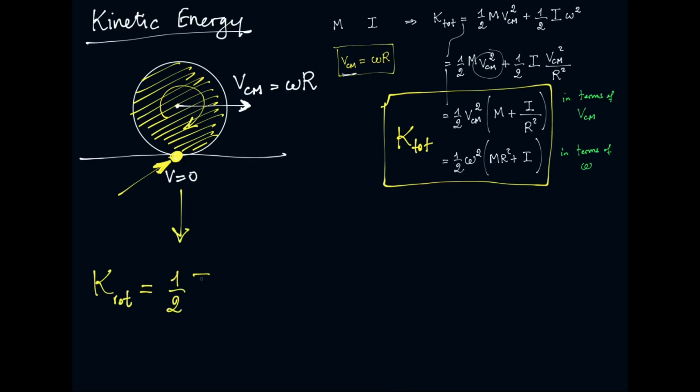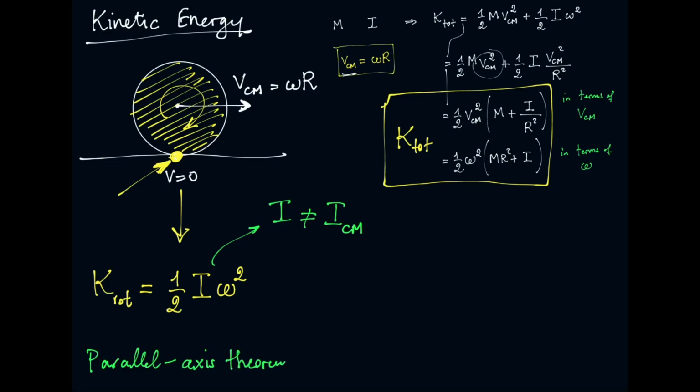So this would be 1/2 I times omega squared, where I, this moment of inertia, is not the moment of inertia around the center of mass, but instead, due to the parallel axis theorem, we know that I is equal to the center of mass value plus the mass of the object times the distance between the two axes squared, and this distance is none other than r.